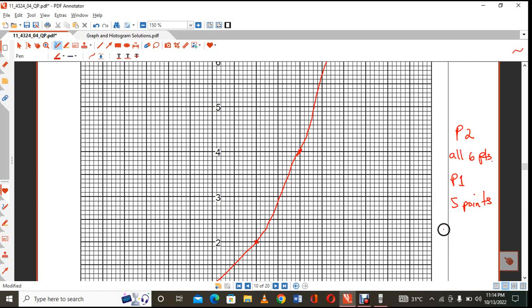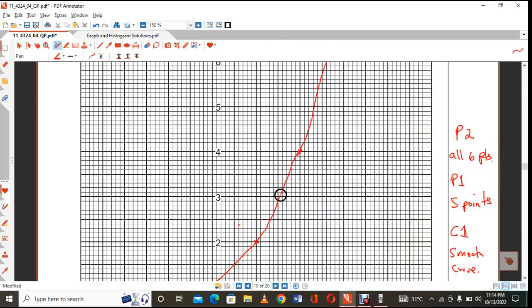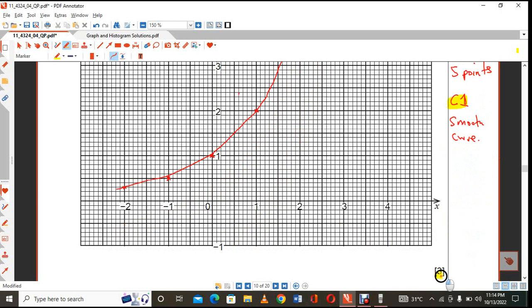Anything less than that, no mark. And for the smooth curve, you get 1 mark. So you should not use a ruler. That's how the 3 marks are calculated. The question carries 3 marks, 2 marks for plotting all 6 points, 1 mark for the curve.